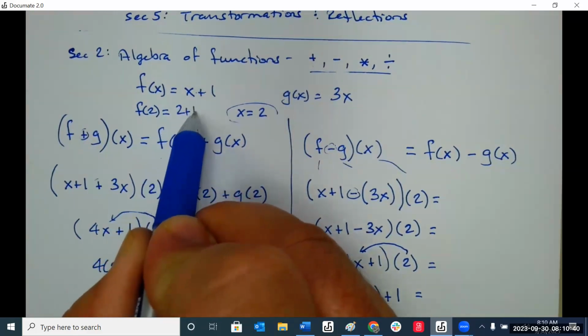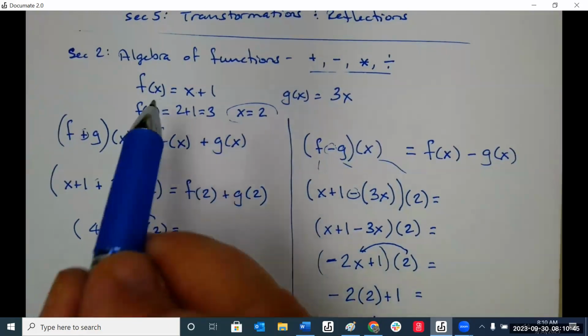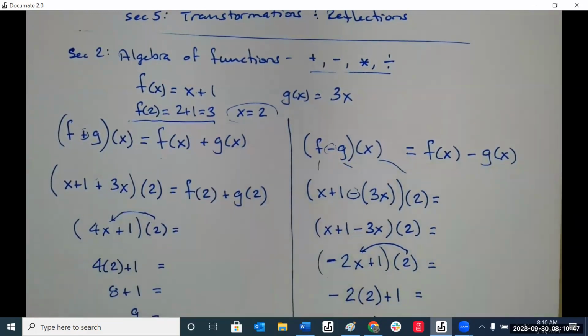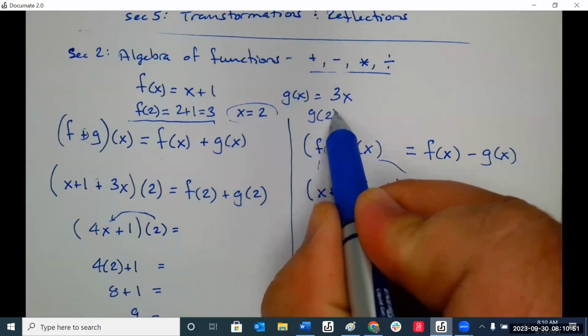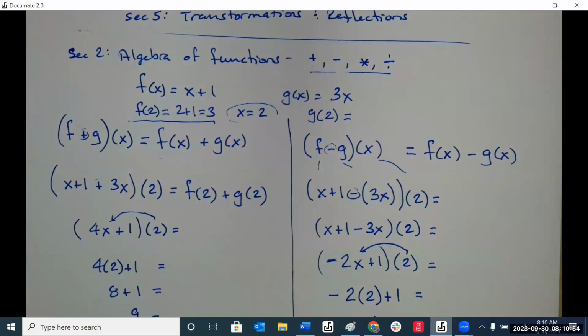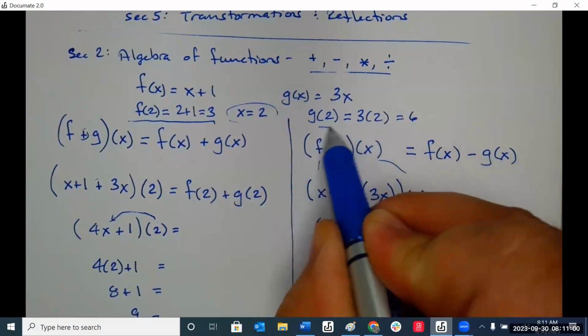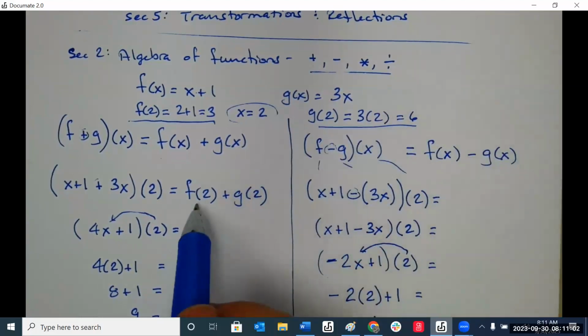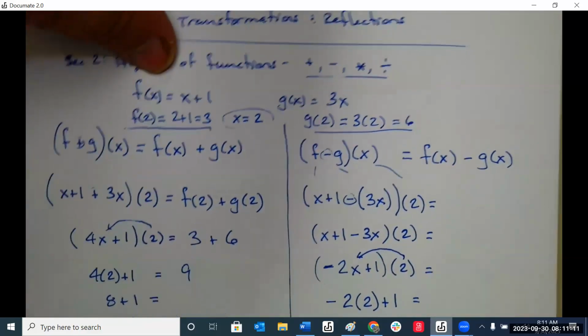So 2 plus 1 equals 3. So f of 2 equals 3. What does g of 2 mean? Three times 2, which is 6, right? So f of 2 is 3. g of 2 is 6. 3 plus 6 is 9. So they equal.